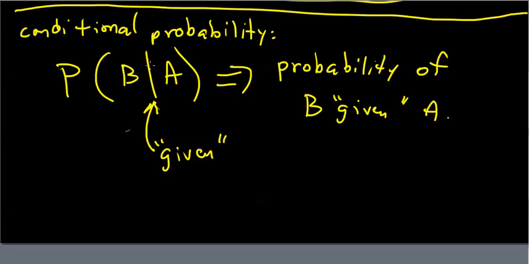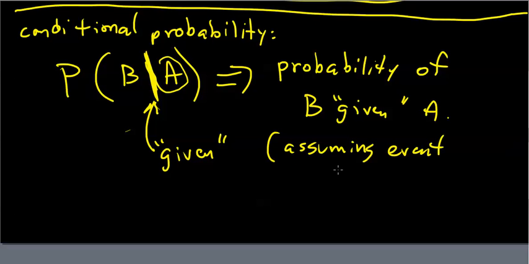And this vertical bar indicates a conditional probability, and all we're doing here is we're assuming that event A has already occurred, and we restrict our sample space or configure our sample space accordingly.